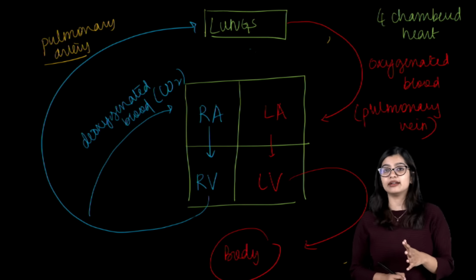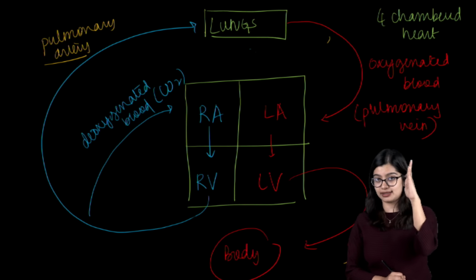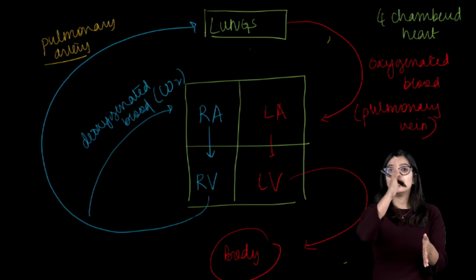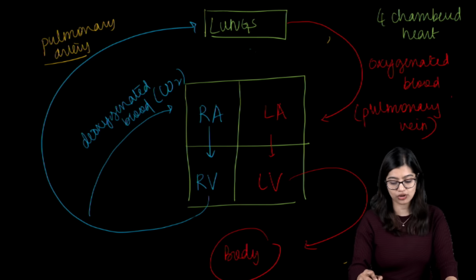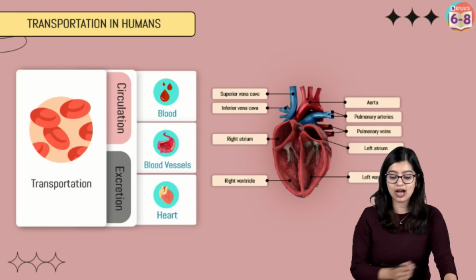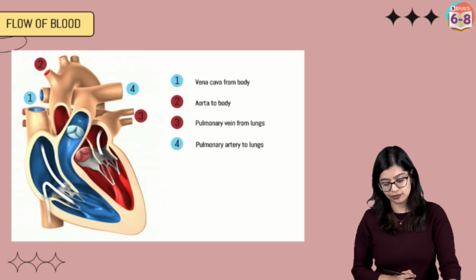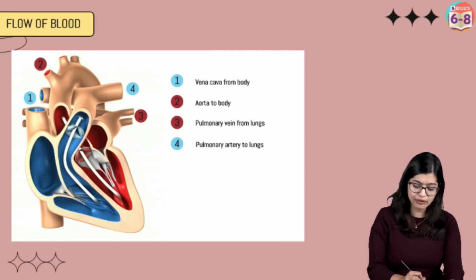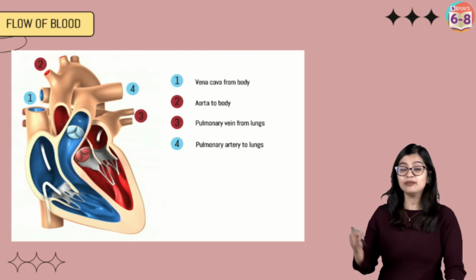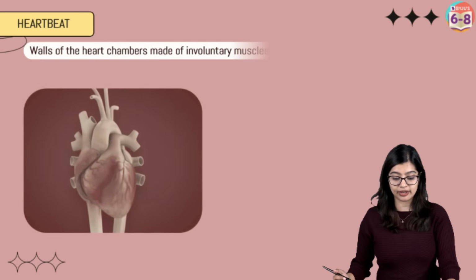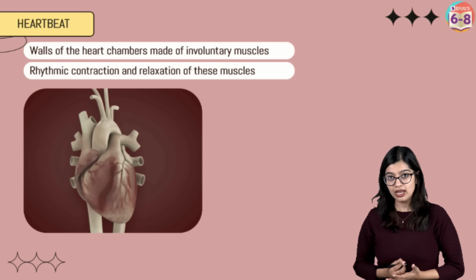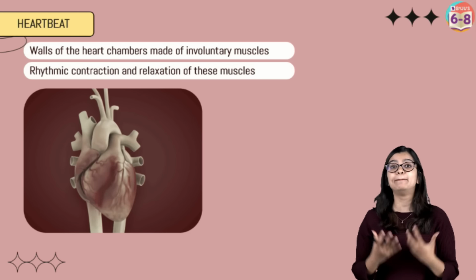So if you look at it here, the right side always receives deoxygenated blood. The left side always receives oxygenated blood. And this is how the blood is constantly getting pumped to different parts of the body. Now, this happens because of rhythmic contractions and relaxations. The heart is constantly beating, right?